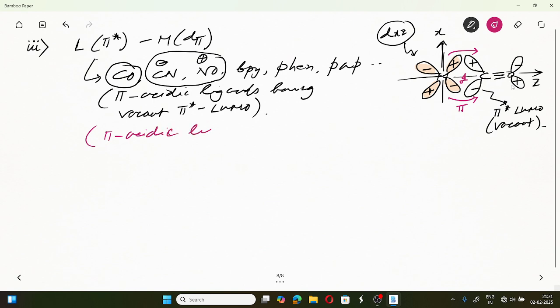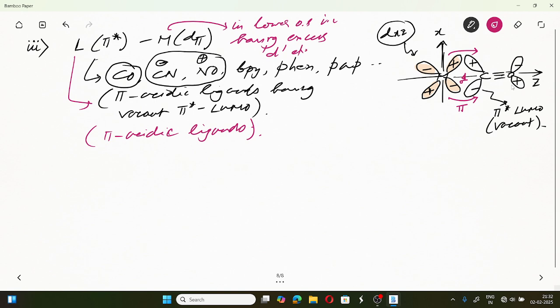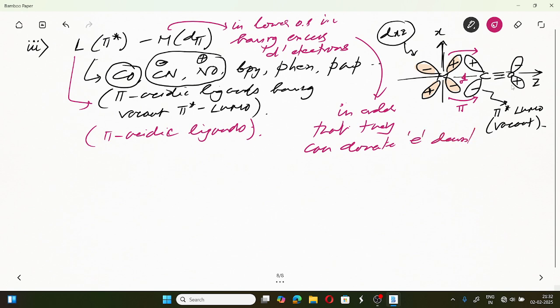We have stated the criterion for the ligand, and the criterion for the metal is the same: they should be in a lower oxidation state, that is, having excess d electrons, so that they can donate electron density to the vacant pi star LUMO of the ligand, okay?